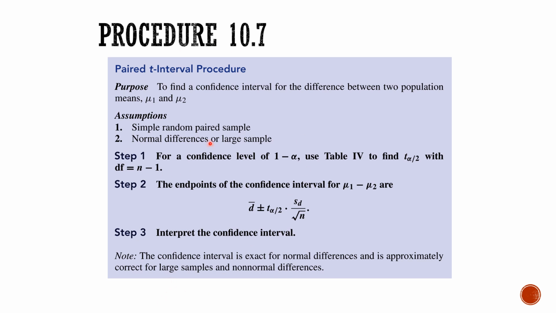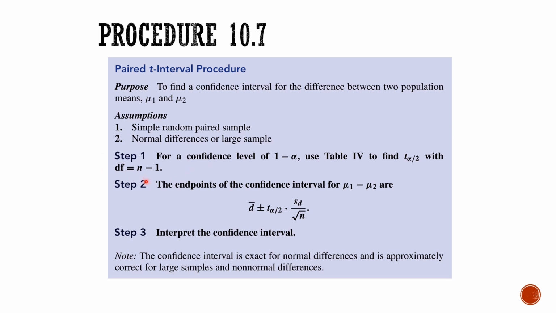Let's quickly run through the formula to find the confidence interval. To find the confidence interval for the difference between two population means, mu sub 1 and mu sub 2, we have to first, of course, satisfy these two assumptions: simple random samples, paired samples, of course, and then it's either a normal distribution or a large sample.